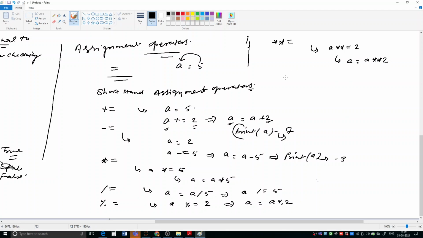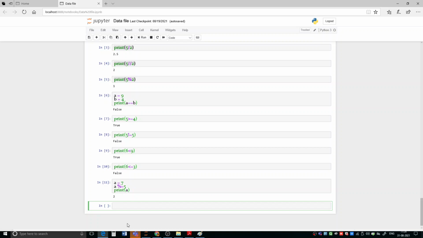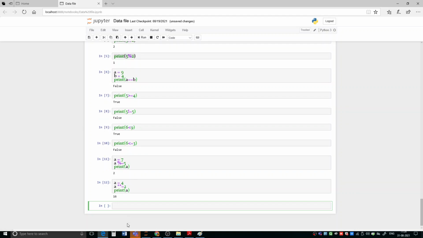If you want to check it, you can write a equal to 4, and now you are doing a this equal to 2, and then you write print a. So accordingly we are getting the result.